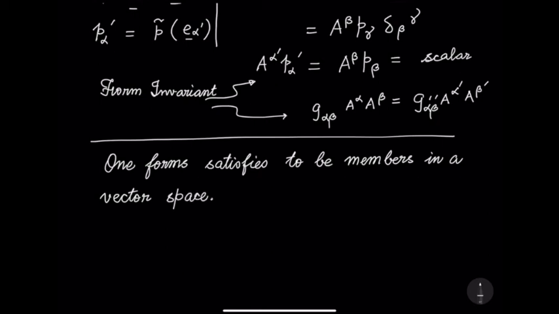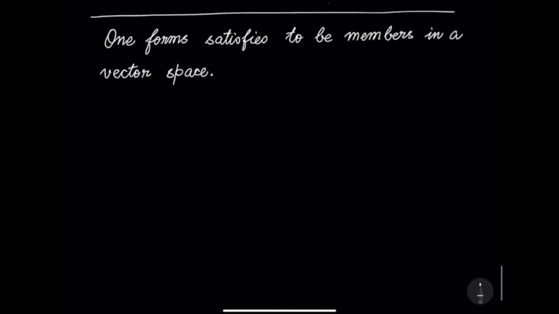Okay, and it is this way a one form can be considered as a vector. It doesn't have the geometrical property of a vector, but this is the way you can consider it as a vector. What is the geometrical property of a one form? That we will discuss next time.